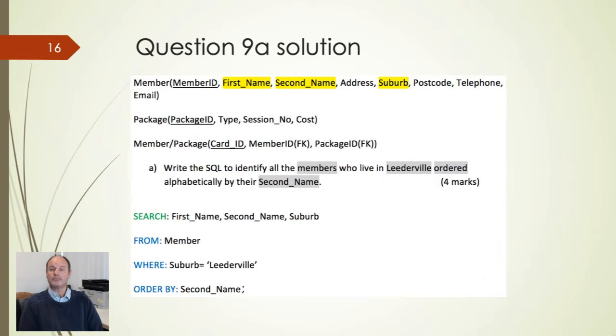So from member, where suburb equals Leaderville, order by second_name. The points allocated in this question would be 1 mark each for the select, from, where, and order by row.